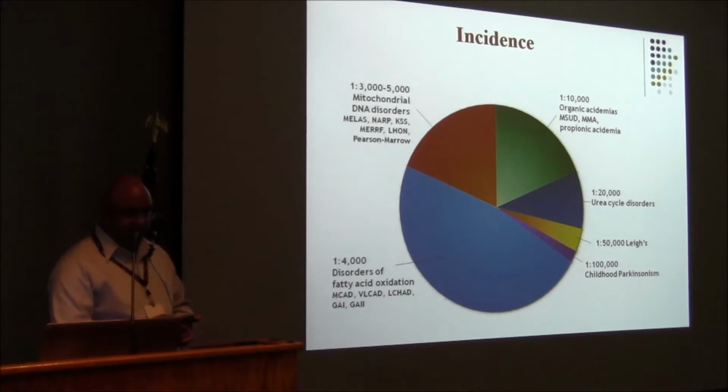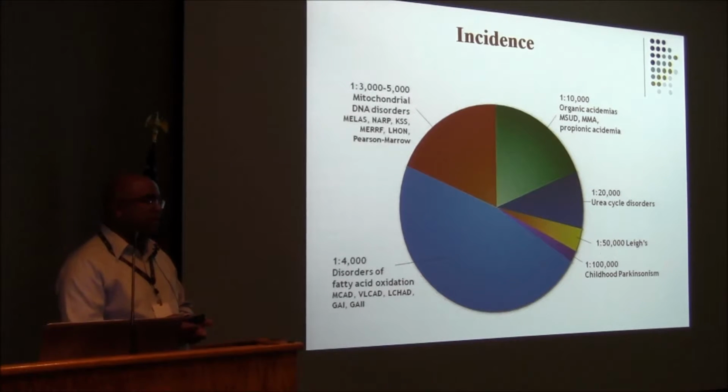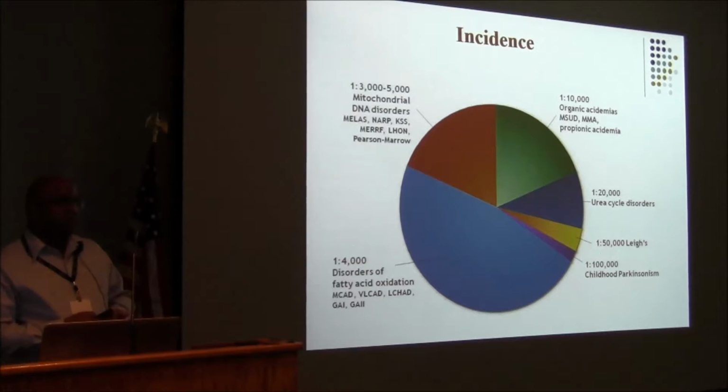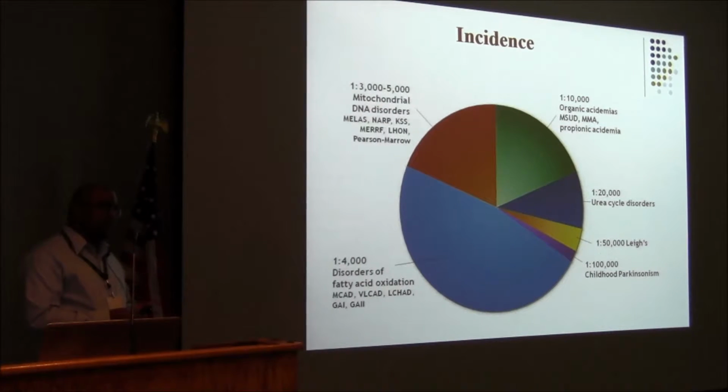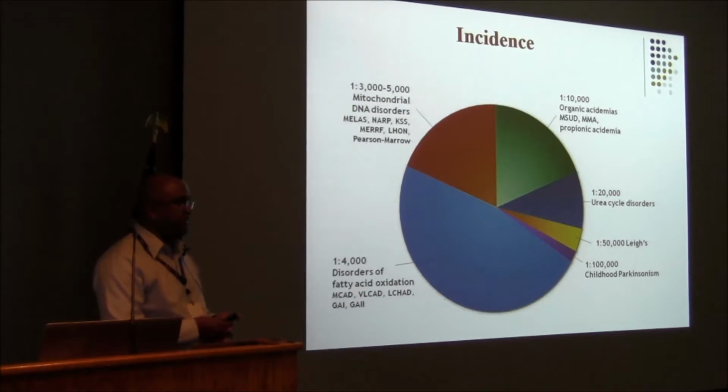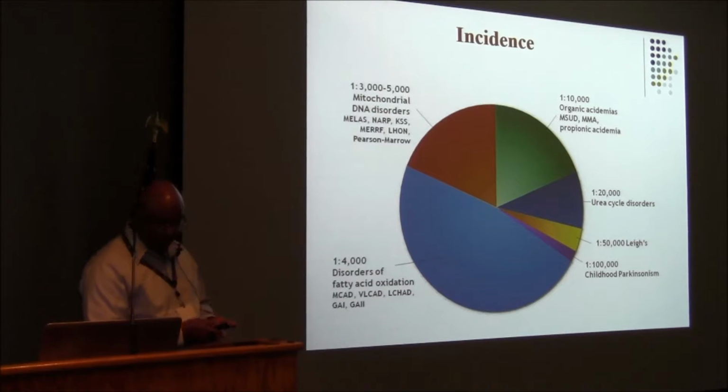So the incidence is about 1 in 3,000 to 5,000, which is actually a little higher than some of the inborn errors of metabolism. So if the incidence is this high, is there a way for us to diagnose these disorders, especially when we are saying that it can be any symptom, any organ, any time, that kind of thing?